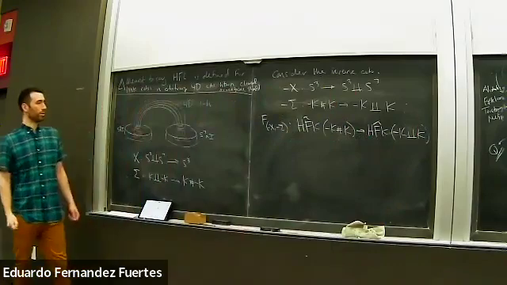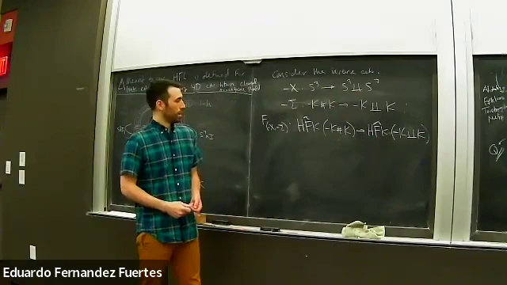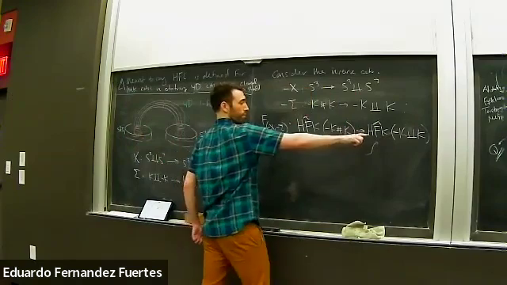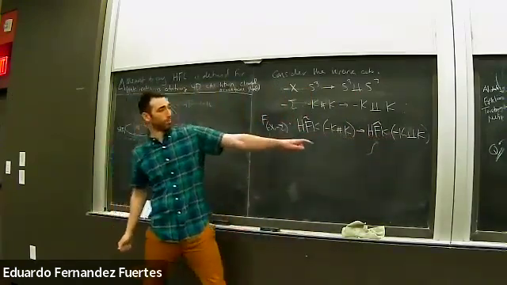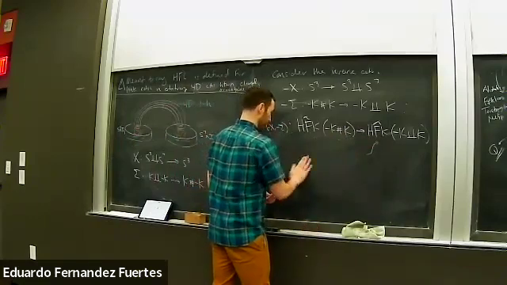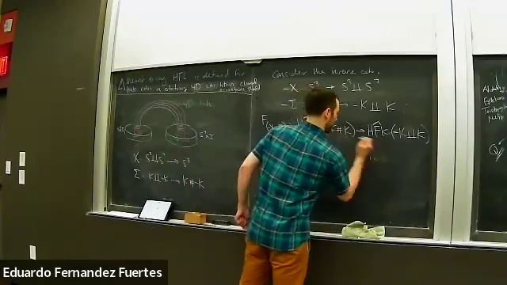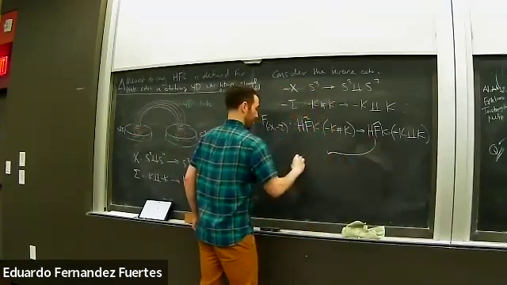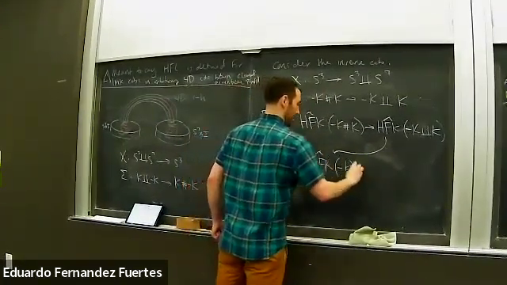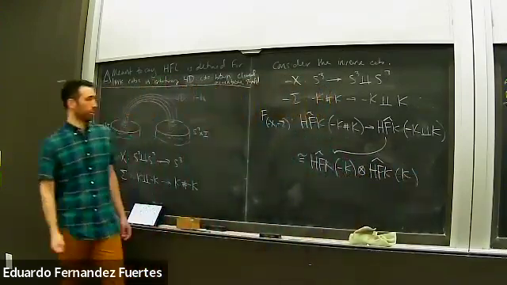And now we're going to get to do some fun trickery that again uses some of these more formal properties. So let's try to think of what this thing is. For one thing, one of the basic computational facts about HFK is that this is going to be isomorphic to the tensor product of the two factors. For starters.